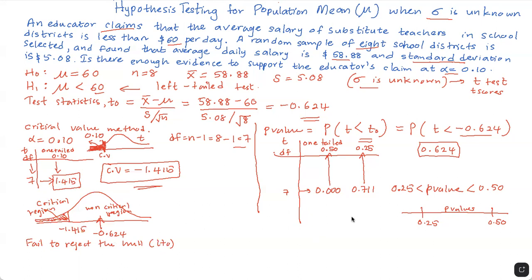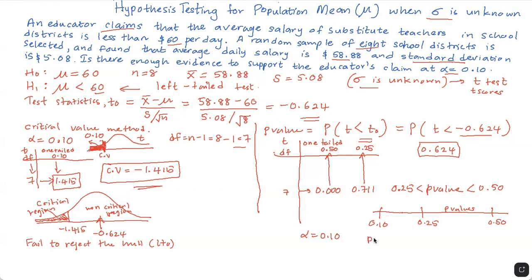Now let's go to the p-value method. We found that the p-value is between 0.25 and 0.50. The alpha value is 0.10. As you can see, 0.10 is over here, right? It's less than 0.25.